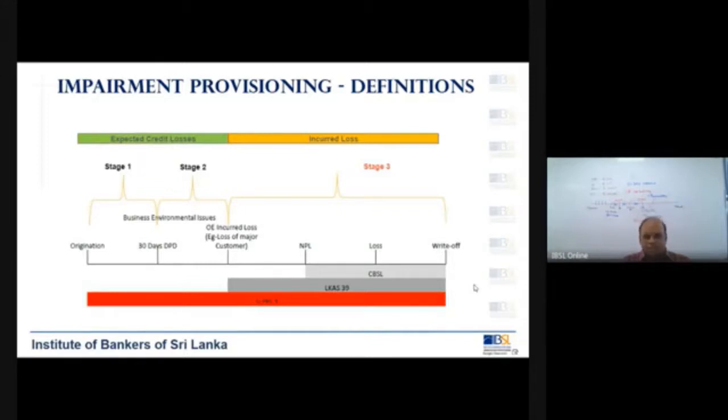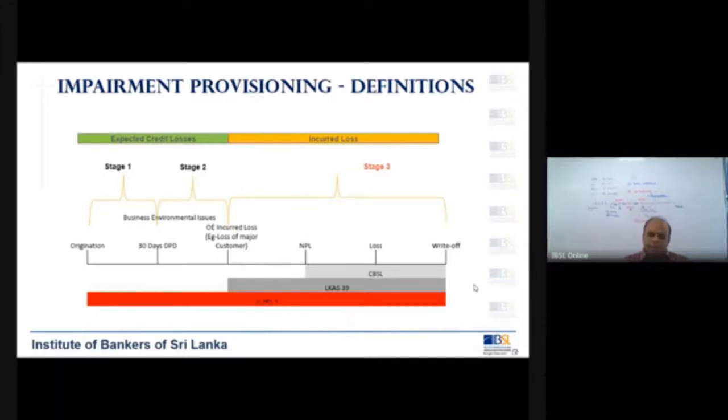Under CBSL, it is a time-based provision. I told you, 3 installments, you put it to non-performing, 6 installments, you start making provision. All those are time-based. Now, when it comes to LKAS 39, you have a rule-based provisioning. Rule-based means, when you have signs of default from the customer, which is called the objective evidence, you need to start making provisions.